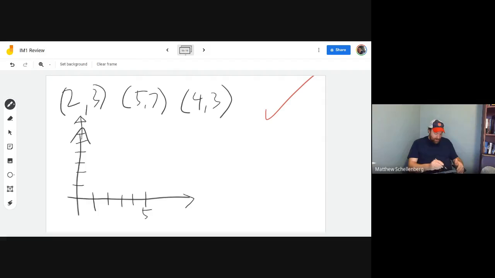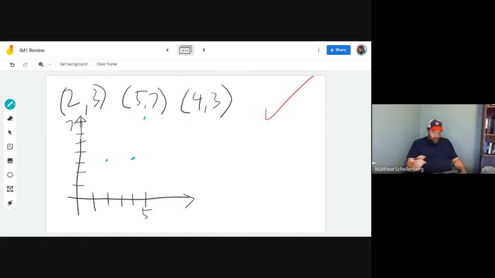I guess I should have made this taller. 7. And so we have some dots, right? We have 2 comma 3, which is here. We have 5 comma 7, which is up here. And we have 4 comma 3, which is here.